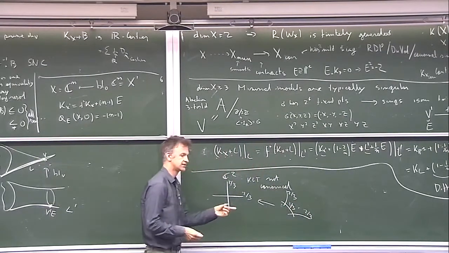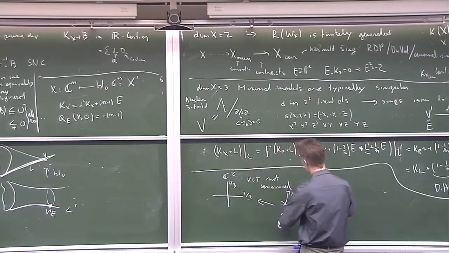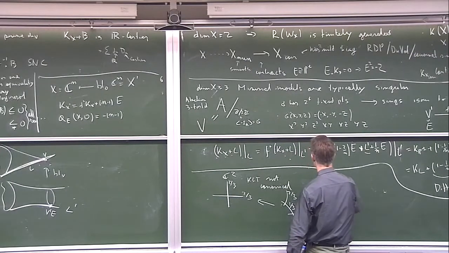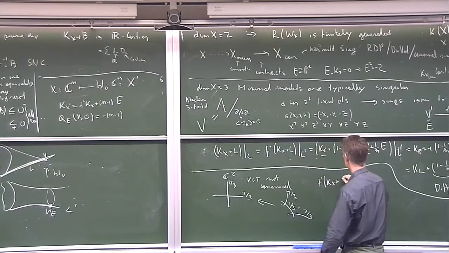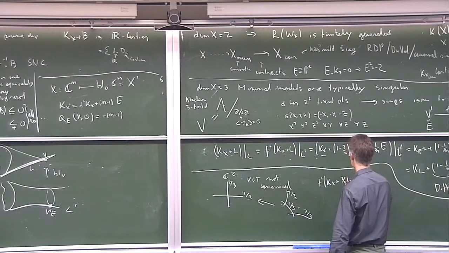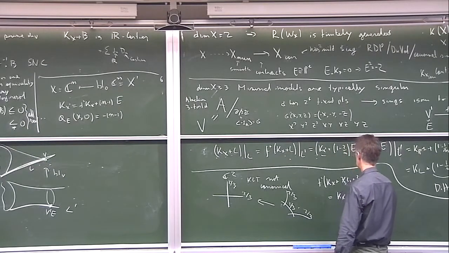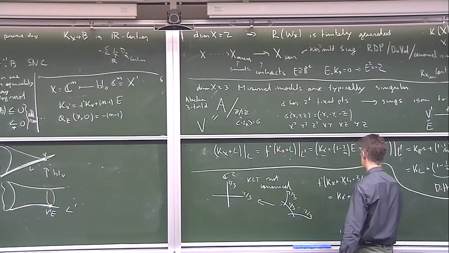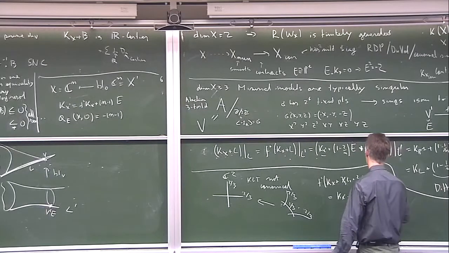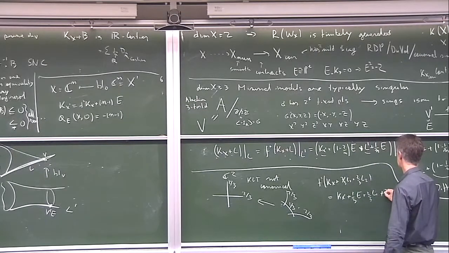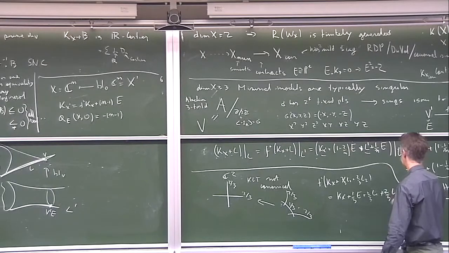In other words, it's easy to do the computation. The pullback of K_X plus 2/3 L1 plus 2/3 L2 is equal to K_X' plus 1/3 the exceptional divisor plus 2/3 the strict transform of L1, which I denote by L1 again, and the same thing for the strict transform of L2.